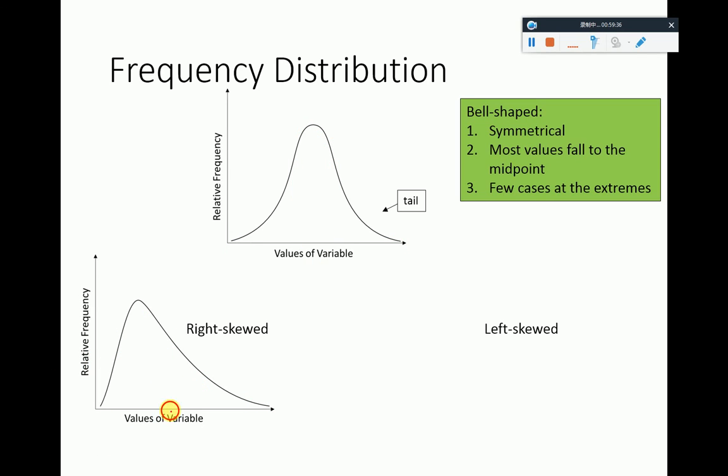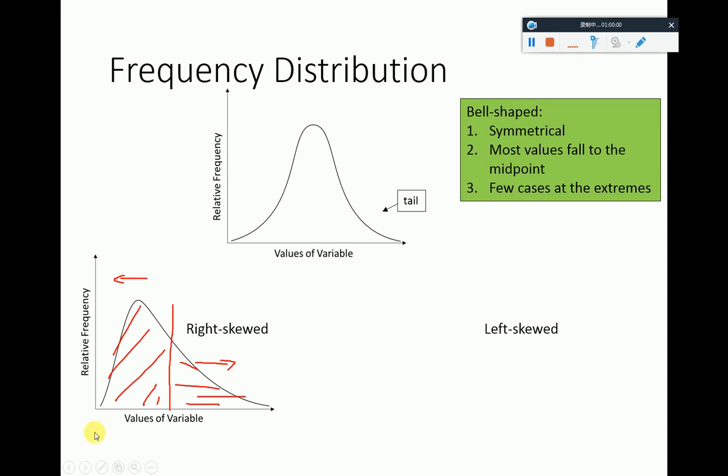Because obviously, if this is the center, the area under this part is larger than the area of this part. So that means there are more values clustered to the left of the mid value, and fewer values clustered to the right.